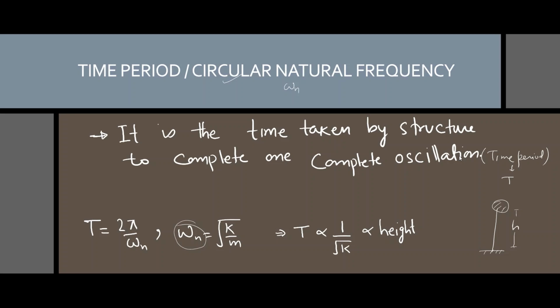Somewhere it is EI by L cube, 12 EI by h cube, or 3 EI by h cube, something with the cubic value of the height in the stiffness.